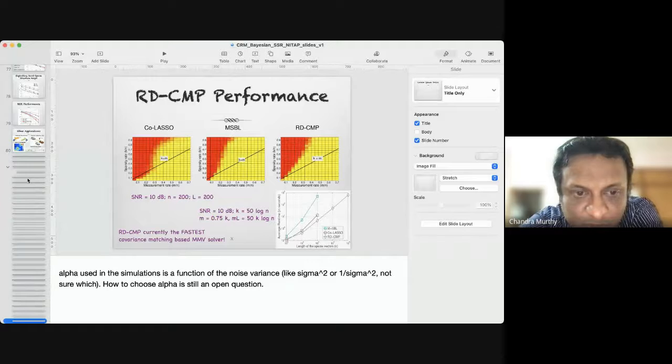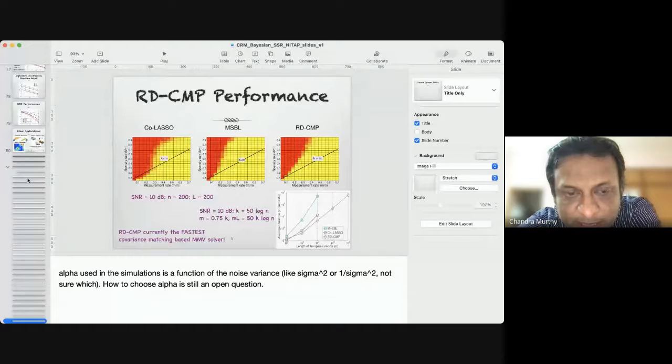One is known as COLASO, the second is this MSBL that I just presented to you, and the third is what is known as Renyi divergence-based covariance matching pursuit. This also answers the other question I had some time back, which is, can you use other divergence measures? This is using a Renyi divergence measure, and then it does the covariance matching pursuit. And it's based on submodular set function optimization.